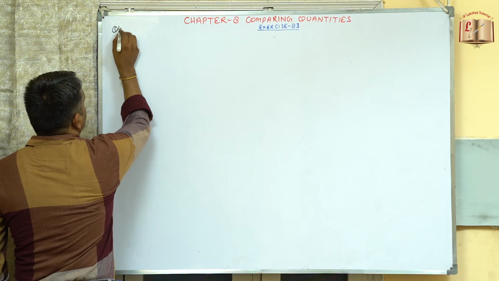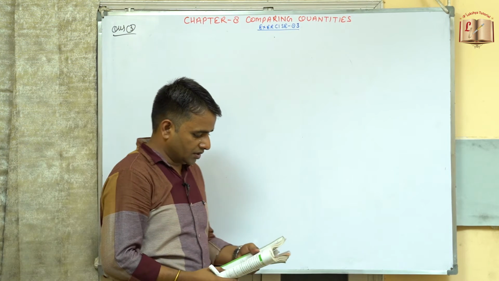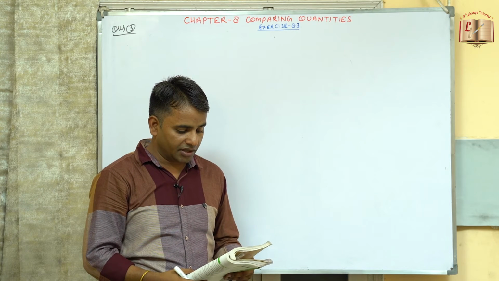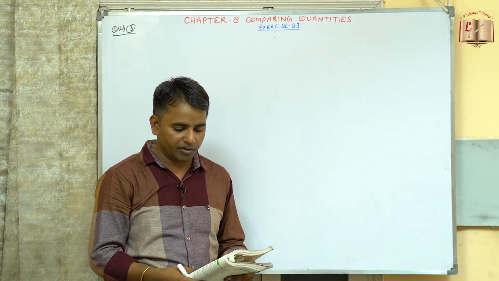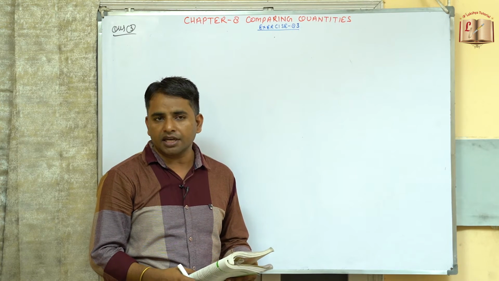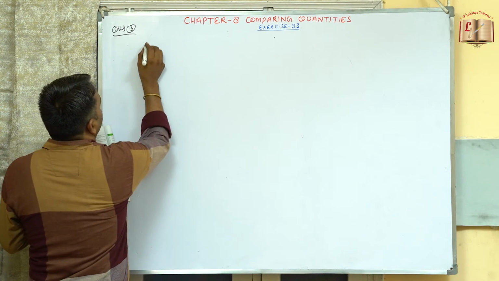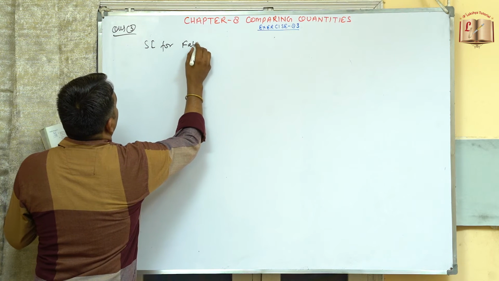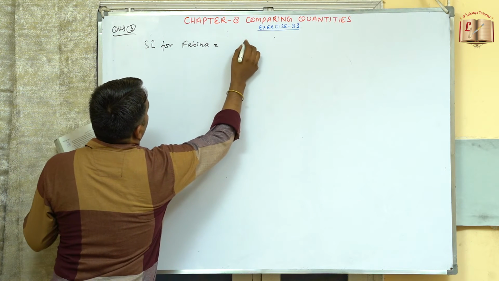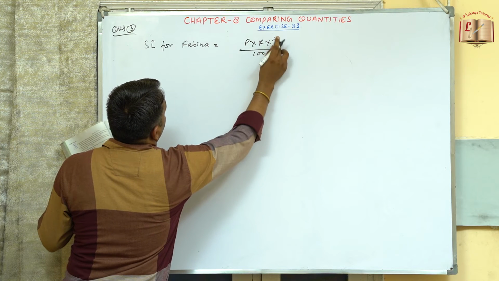So coming to question number 3. Ravina borrowed 12,500 at 12% per annum for 3 years at simple interest, and Radha borrowed the same amount, for the same period, at 10% per annum compounded annually. Who pays more interest? First of all, we will find the SI for Ravina. So SI for Ravina will be P into R into T by 100.